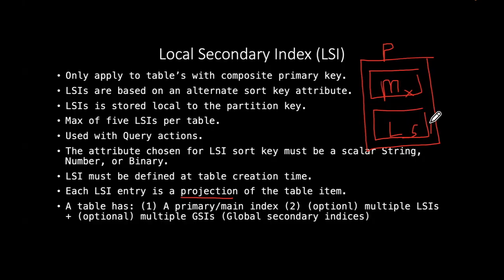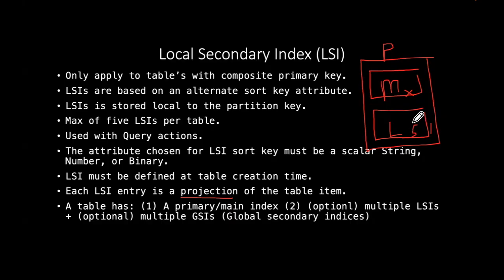It actually has its own copy of the item that it relates to. So for movie 1234, actor Joe Bloggs, that entry here will have a full copy down here as well, and all of the other attributes related to that particular cast member within that particular movie. That's what we mean by projection.